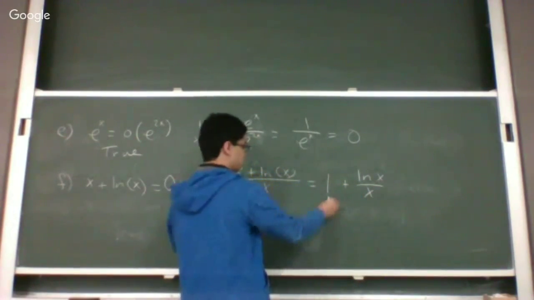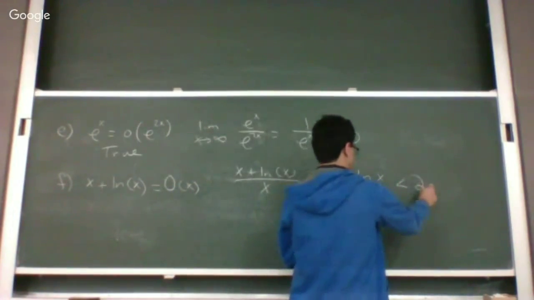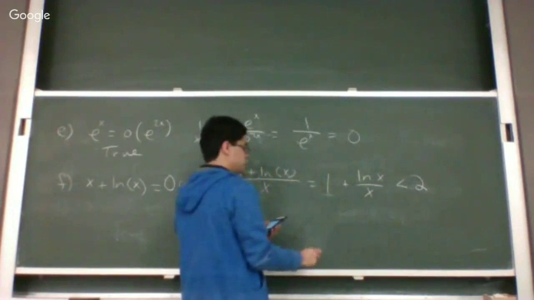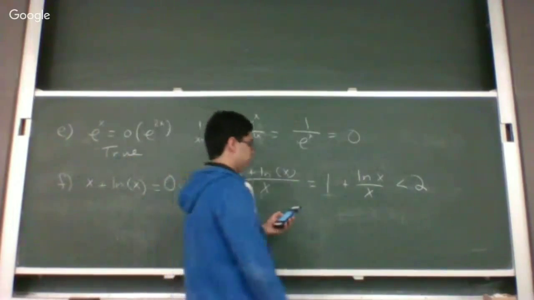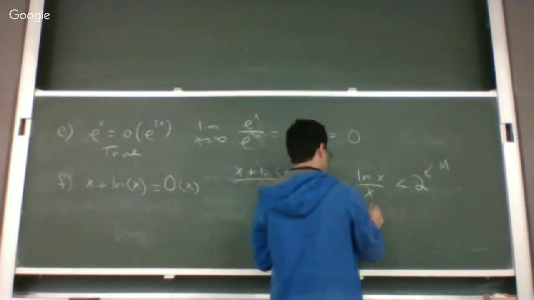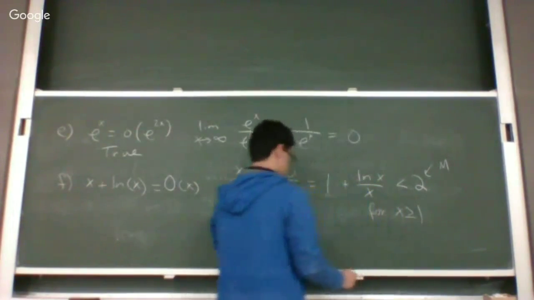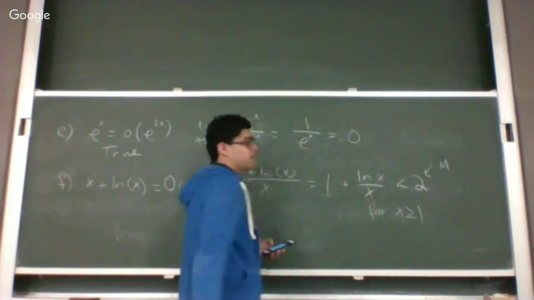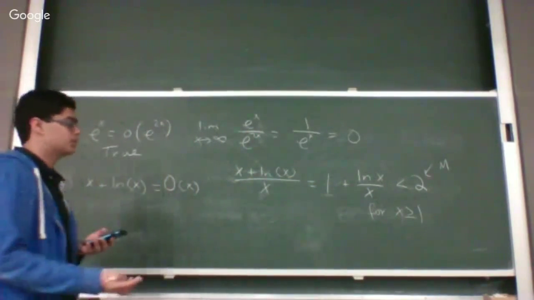The first part will always be 1, but this part will always be less than 2, but close to a 1 value. So this is our m, and then for x greater than or equal to 1, because x can't be less than 1 for a natural log.